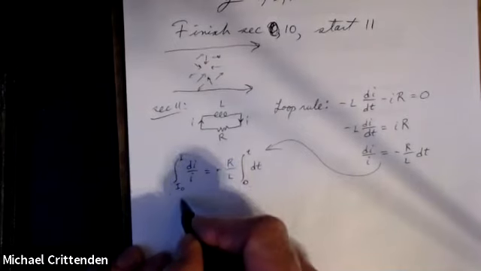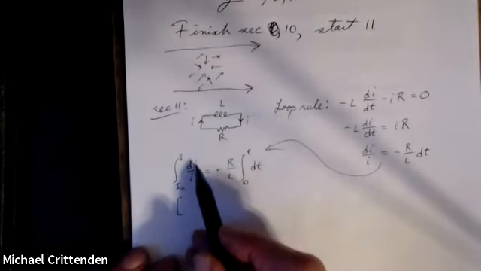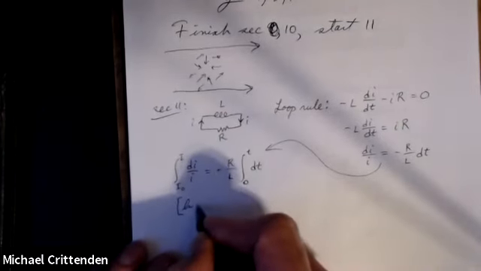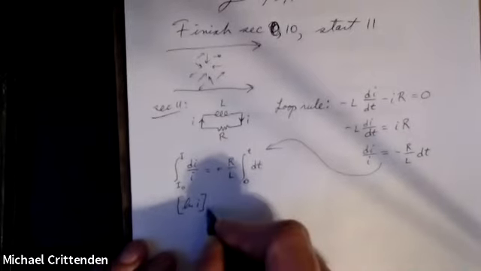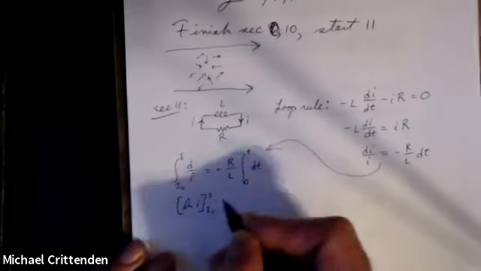Anyhow, as I imagine you know by now, the integral of di over I is the log of I, natural log to be precise. You get into some more advanced courses, and I've got textbooks in my office where they just use log for the natural log.